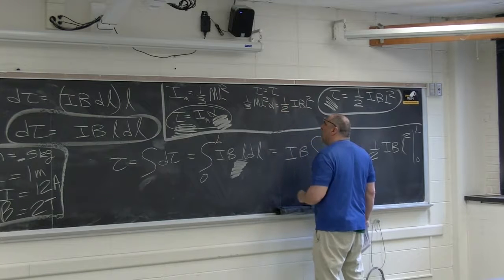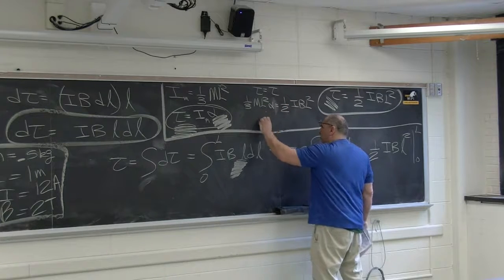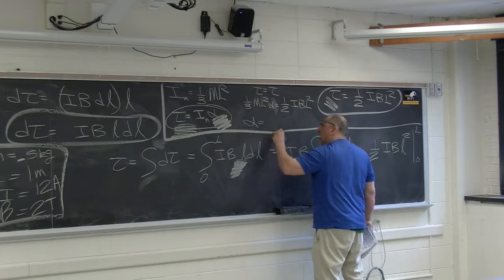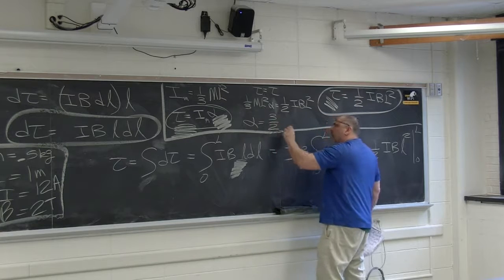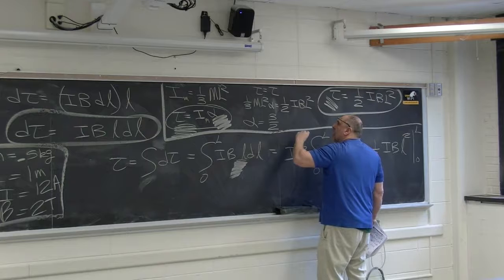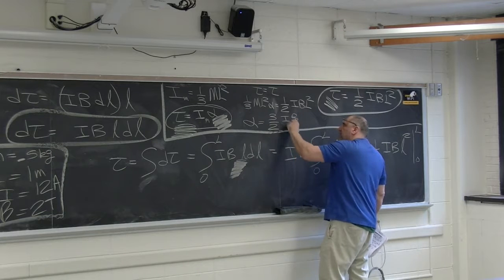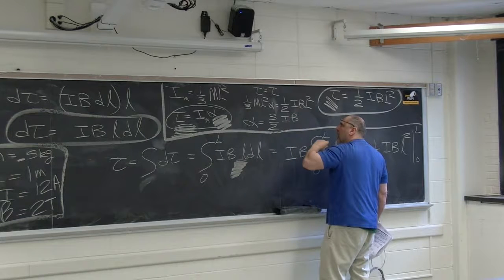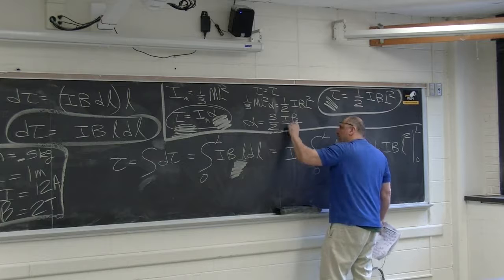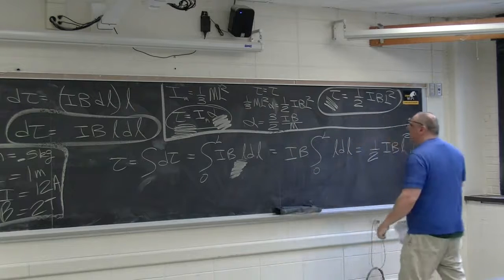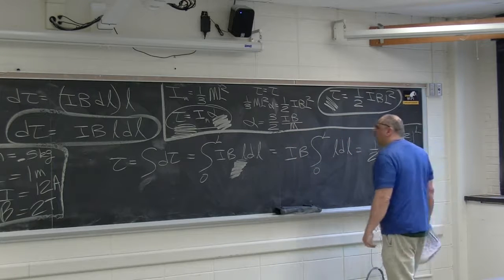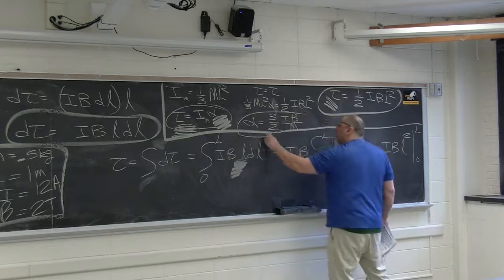Divide by m, and divide by L squared. Here's I. Here's B. Divide by capital M. So we divide by L squared on each side, and yeah, the L squared's canceled. We've got this right here.